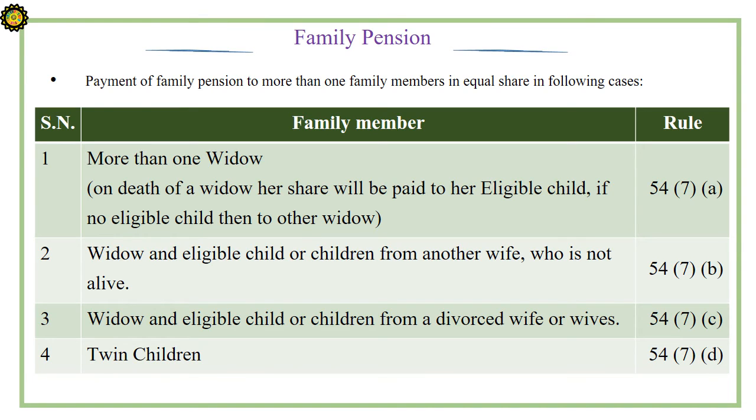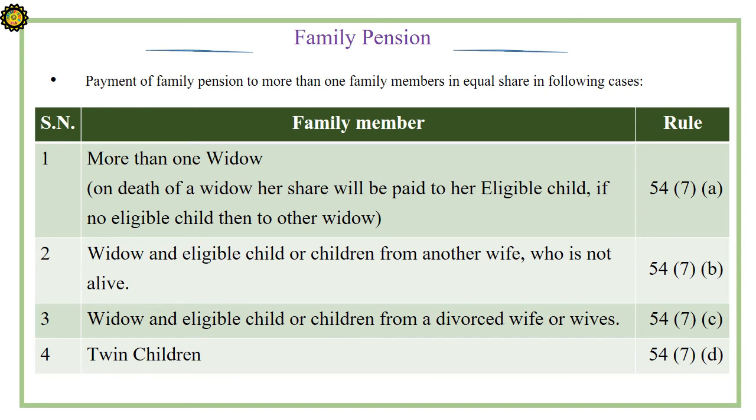Payment of family pension to more than one family member in equal share in the following cases. More than one widow. On death of a widow, her share will be paid to the eligible child. If no eligible child, then to her widow, under the rule 54(7)(a).